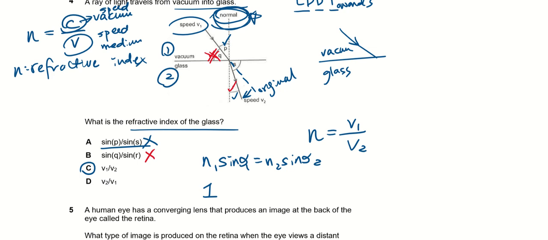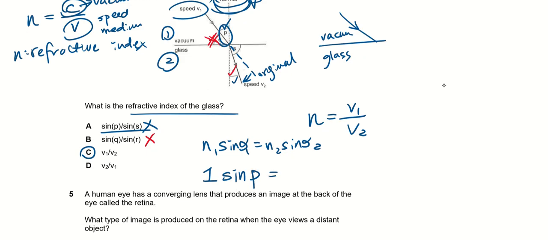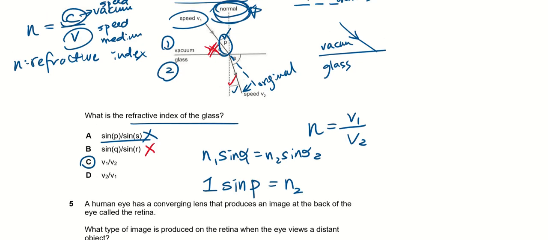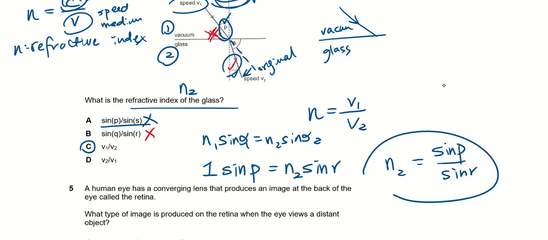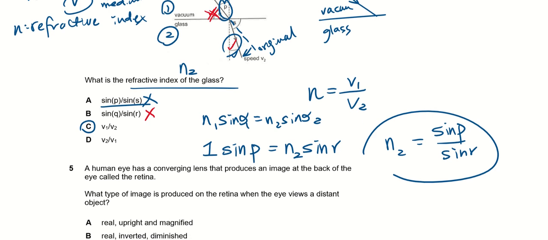Somewhere in the formula you substituted wrongly. So refractive index of vacuum is 1, sine theta, we use this angle P, because it's in medium 1. N2 is the refractive index of the glass, so this is n2 sine R. I hope you can see from here. Therefore n2 equals sine P over sine R, which is none of the options here.